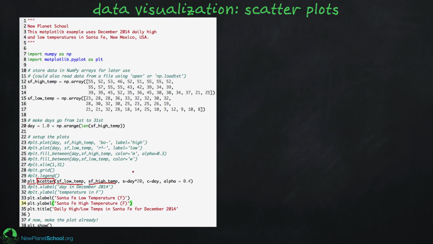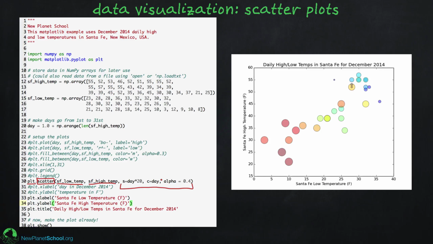Okay. And then these are to customize the plot. Let me show you the plot first, and then I can tell you exactly what these do. But it's better if you see it. So here's the plot. It's really neat. On the y-axis, I have the high temperature, and I have the low temperature on the x-axis. And what you see right away is that everything kind of falls on a line.